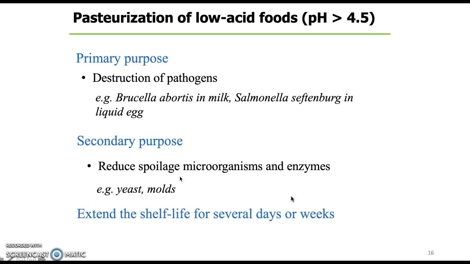In milk, the targeting bacteria is Brucella abortus. But if we talk about the liquid egg, then the targeting bacteria is mainly Salmonella. The secondary purpose is to reduce the spoilage microorganisms and enzymes. In that case, we can extend shelf life from 1 to 2 days to several days or weeks.